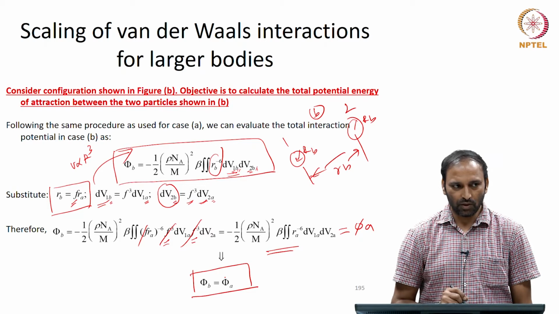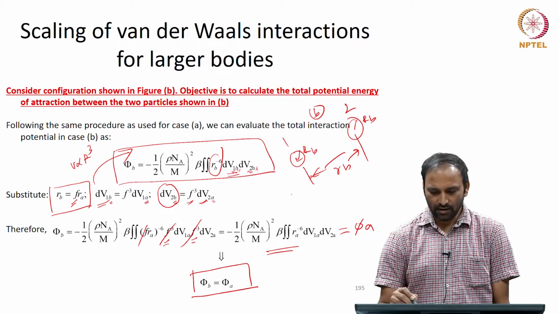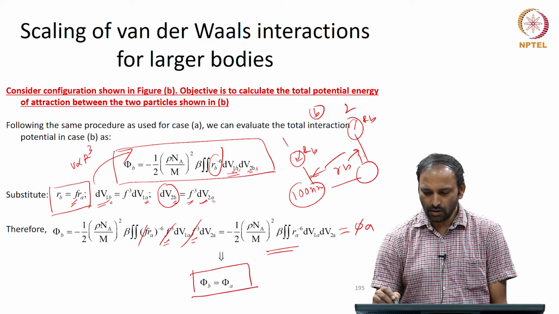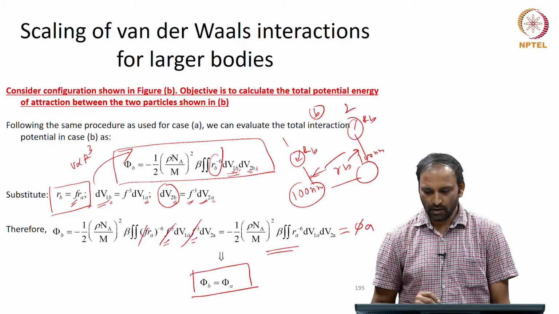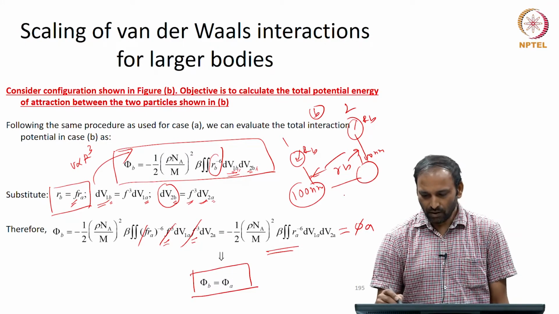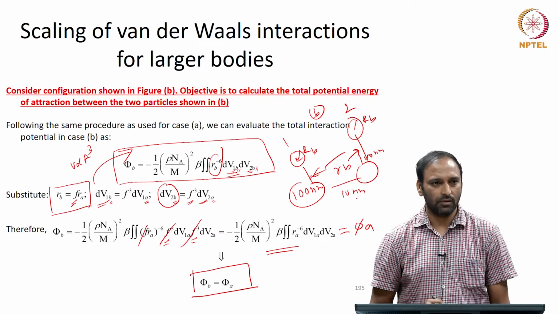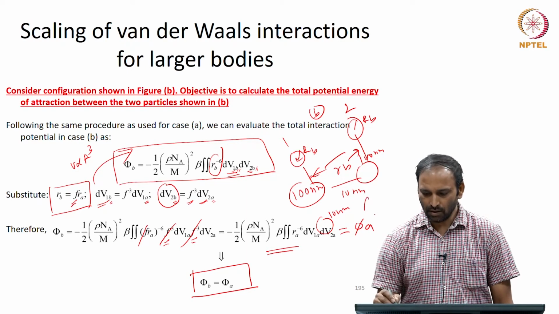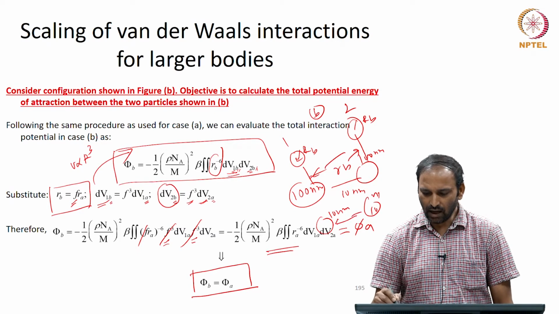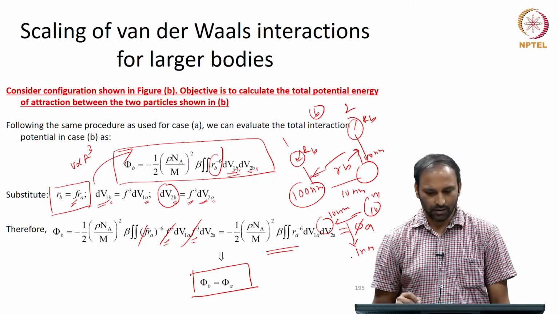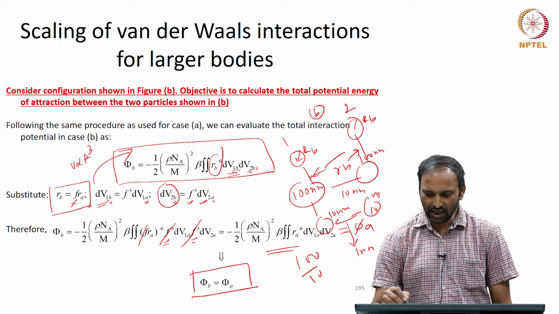So, the implication of this is that if I take, say, 100 nanometer particles and I am talking about the Van der Waals force of interaction between them at 10 nanometer, or I take 10 nanometer particles and ask what is the Van der Waals force of interaction at a separation distance of 1 nanometer. 100 divided by 10 is the scaling of the size, a factor of 10.